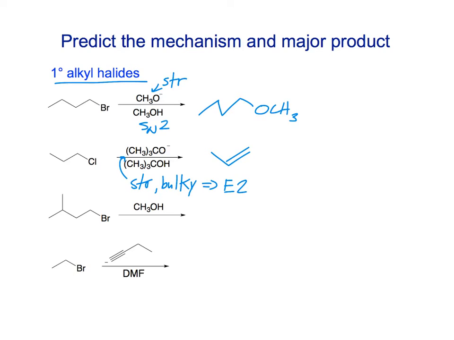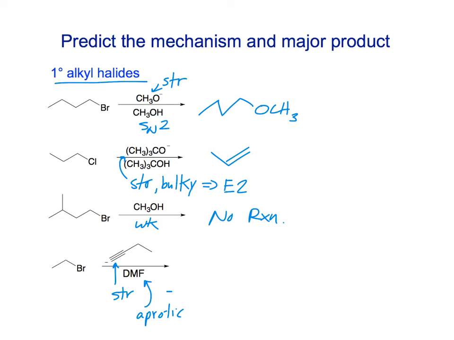The third one down, we're using a weak nucleophile, a weak base. So what's it going to do? Nothing. No reaction, right? Because these are conditions for SN1 and E1, but we just can't form a carbocation from a primary alkyl halide. The last one uses this acetylide, and this is a very strong nucleophile, strong base, and notice what else we see here is that we have an aprotic solvent.